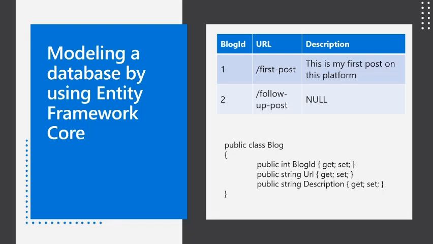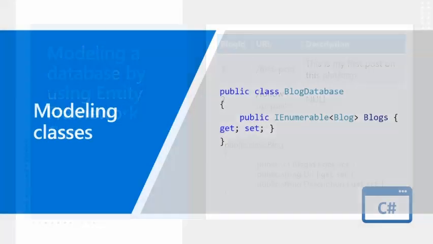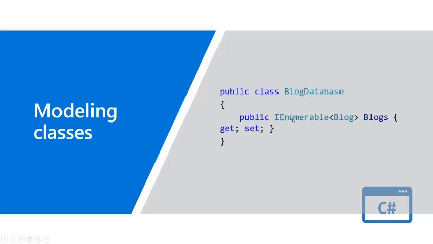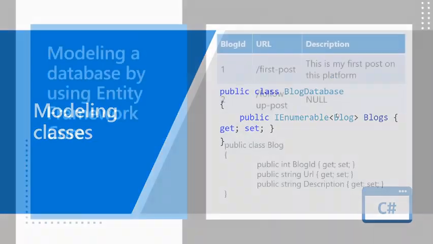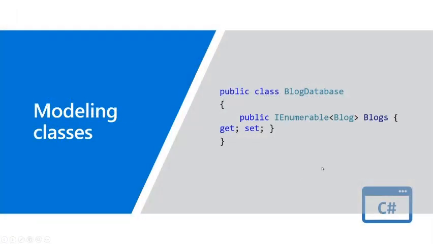So if we see this model, you have blog ID, URL, description. Blog ID simply becomes, you can say, the primary key. And then you see here blogging database, then you say enumerable blogs, and in this database you are calling that model we just created here as blogs, and this blogging database will be later used by Entity Framework, and this will become our database.